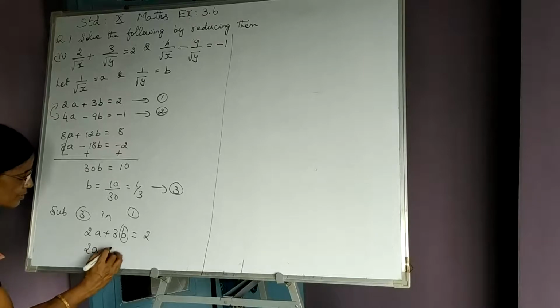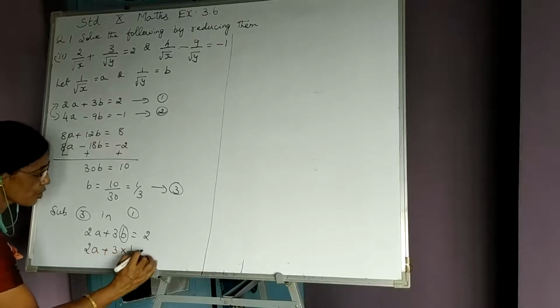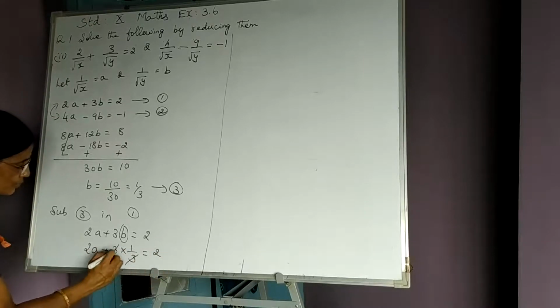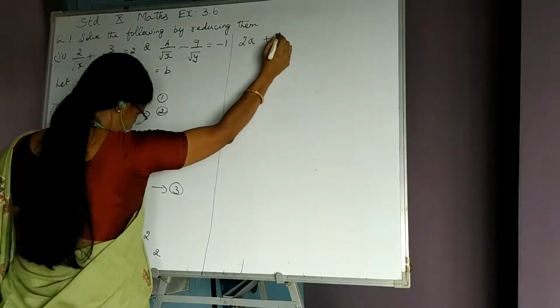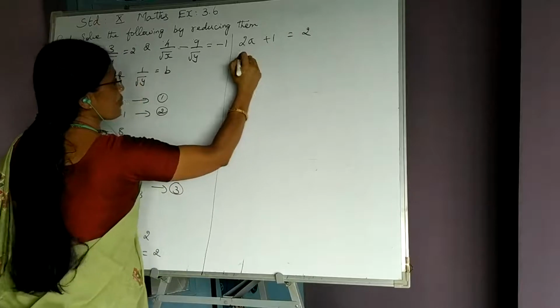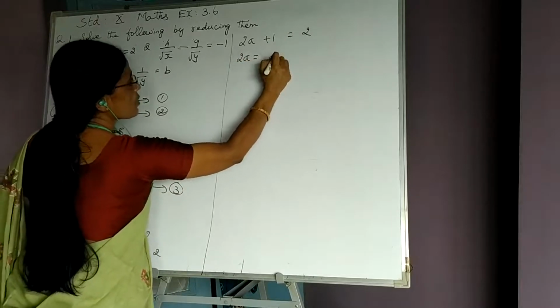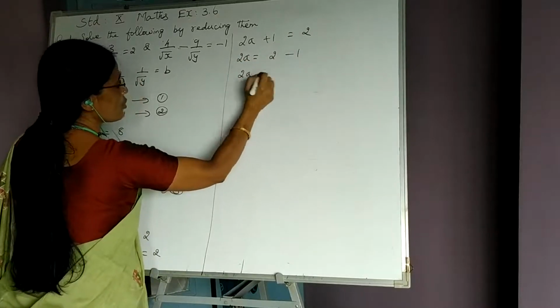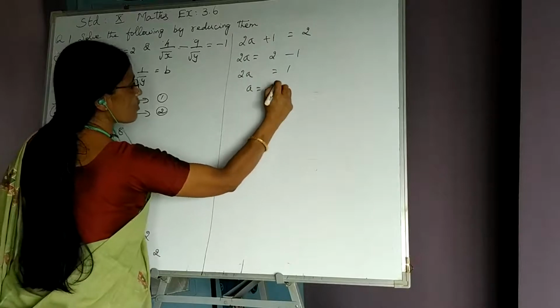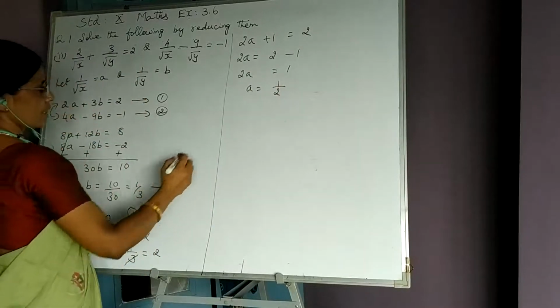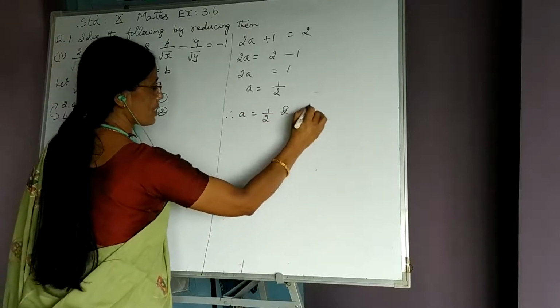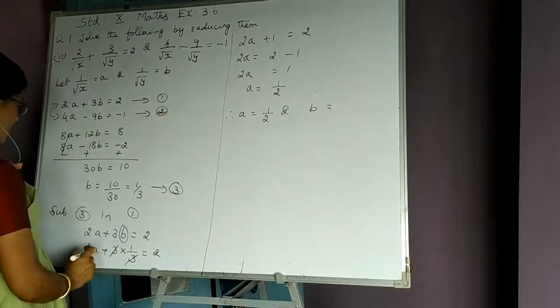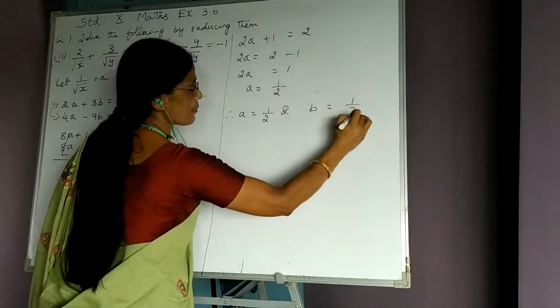So 2a plus 3 into 1 upon 3 is equal to 2. 3 gets cancelled. So we get 2a plus 1 is equal to 2. 2a becomes 2 minus 1. 2a is 1. a becomes 1 upon 2. Therefore, we got a as 1 upon 2 and b is equal to 1 upon 3.